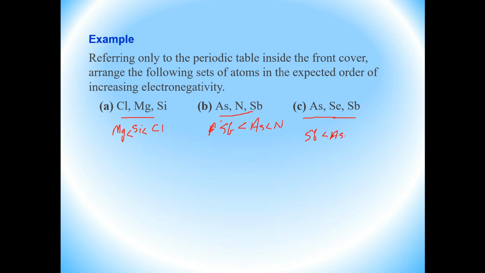And then because selenium is to the right of arsenic in that period, which would be period 5, we would put selenium as the most electronegative element of that particular series. Okay, so that's basically how this example is done.